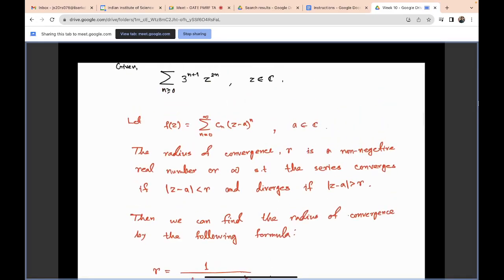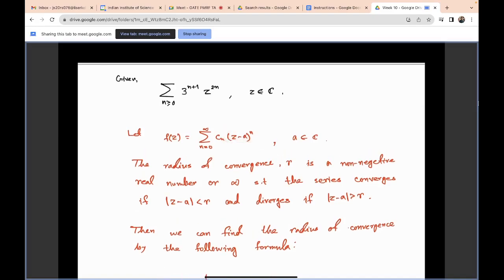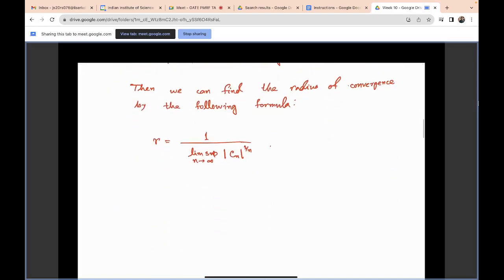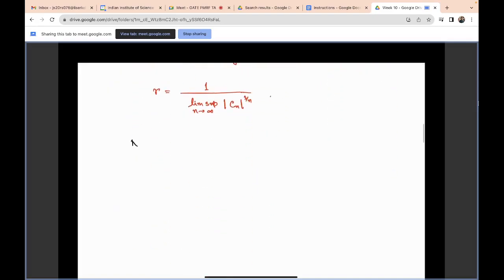For that, notice that we have to write in terms of z to the power n, with center a. For our case, center is basically 0. We have to write in terms of z to the power n and find the corresponding coefficient. Now we have the sum over n bigger than 0 of 3 to the power n plus 1, z to the power 2n.